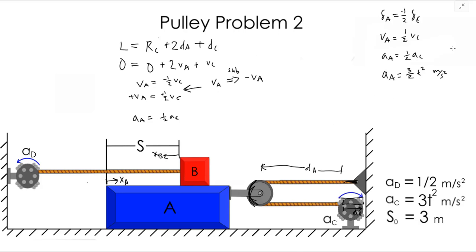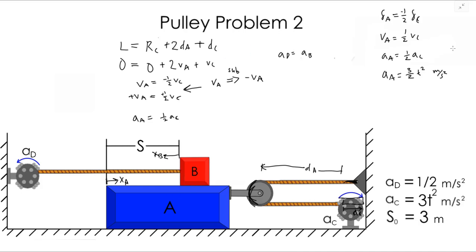Now let's implement AD over here. We also have AD equals basically AB, so they're going to be exactly the same. The amount of rope that gets pulled in here is just going to be the amount of rope that has moved here.